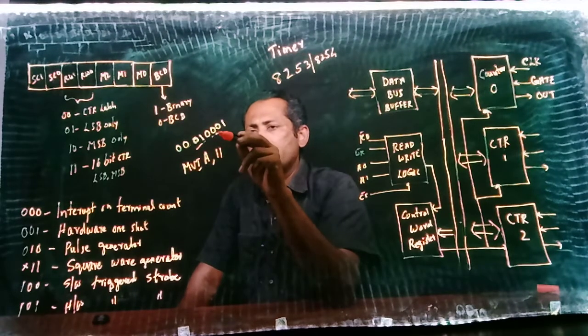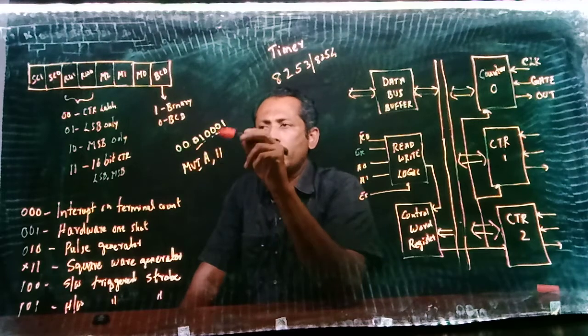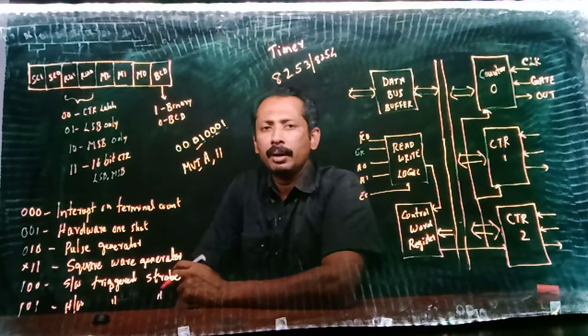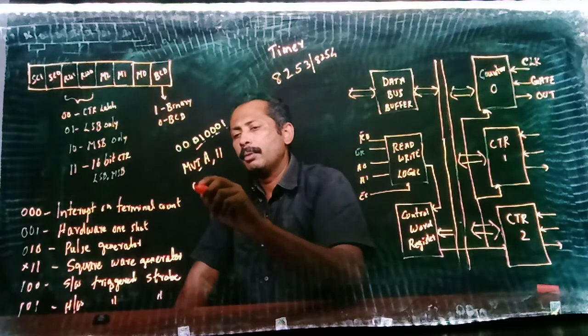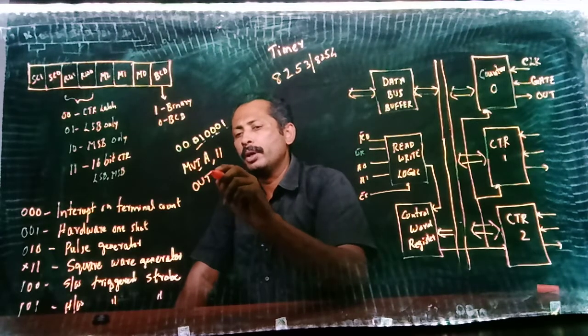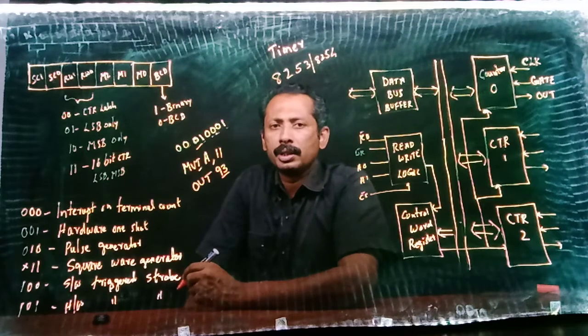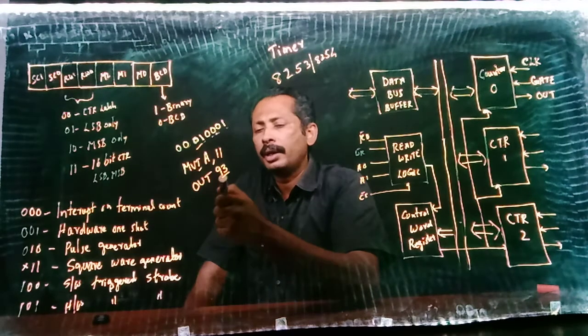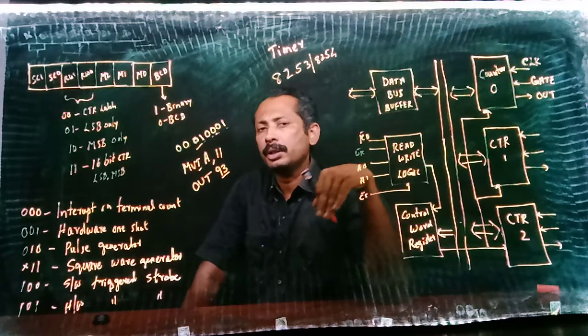The next 3 bits indicate that we are using mode 0, and the last one indicates that we are using the binary counter. So I have formed the control word. Then I am writing this control word to the control register, and my assumption is that the address of the control register is 93. So out 93 means I am writing the control word to the control register.